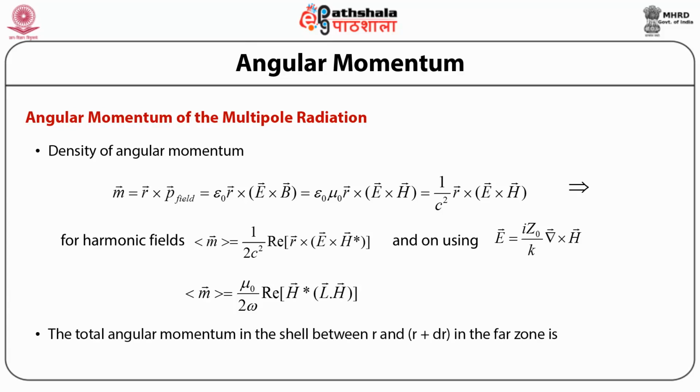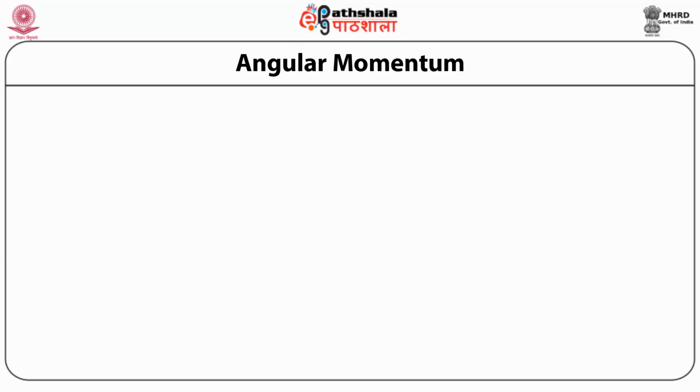The total angular momentum in the shell between R and R plus dr in the far zone region is now dM vector equals dr mu naught divided by 2 omega k square into the real part of the summation over m dash of a_E conjugate as a function of l m dash into a_E as a function of l m into the integral of (L vector dot X vector l m dash) whole conjugate into X vector l m d omega.